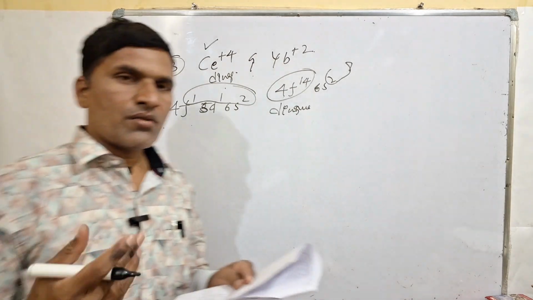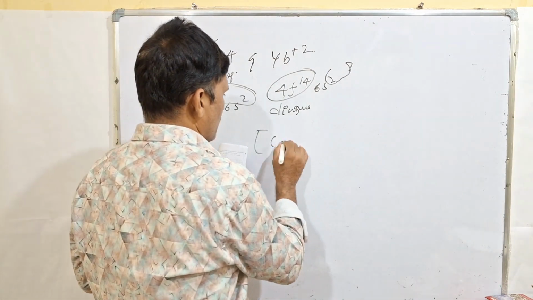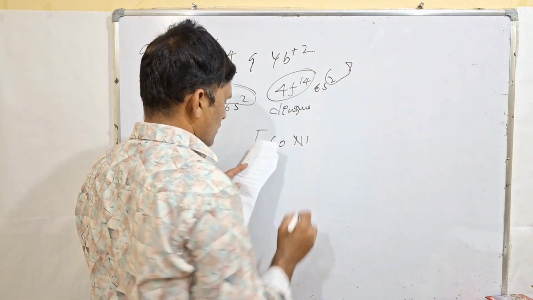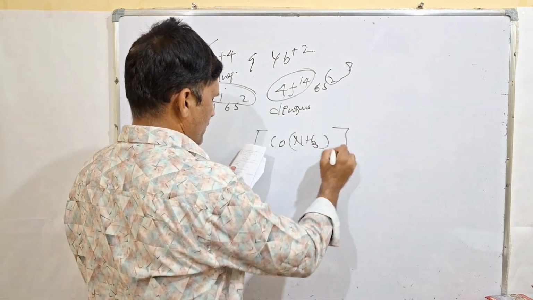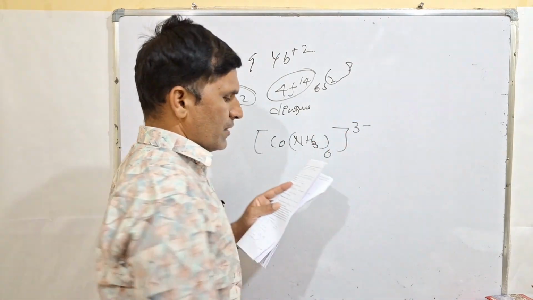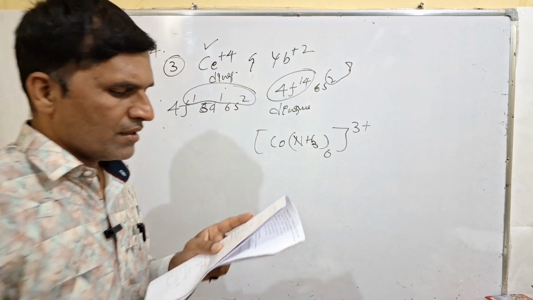Then 2 statements are given below. That is, cobalt NH3 6 times raised to the power 3 plus is a homoleptic complex.